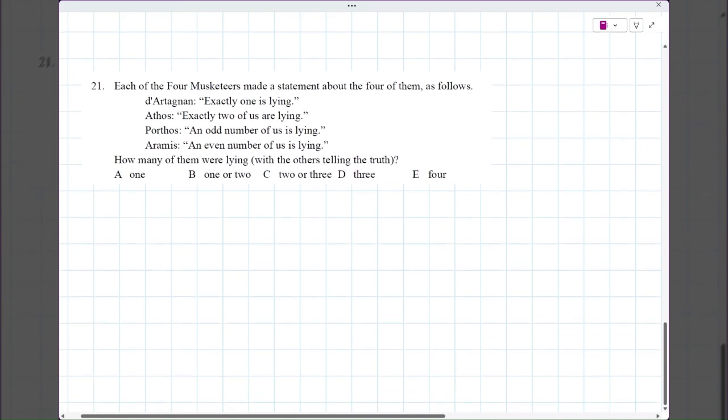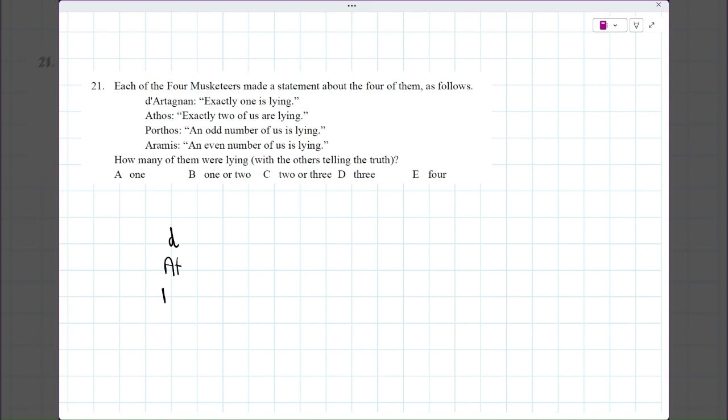Right, so our logic one, and this is the kind of question that some people, and Tobin is one of those, can do in almost an instant, and I always have to do it very formally. So I'll label these. It's annoying that they've got 3 of them that start with an A. 2 of them do start with an A, so I'm going to say D. Then we've got Athos.